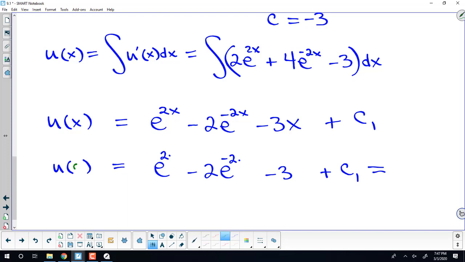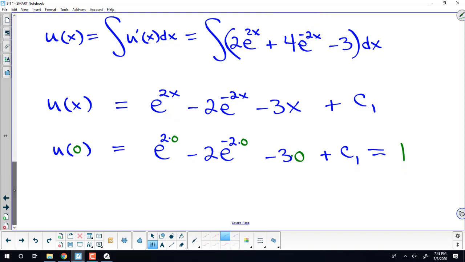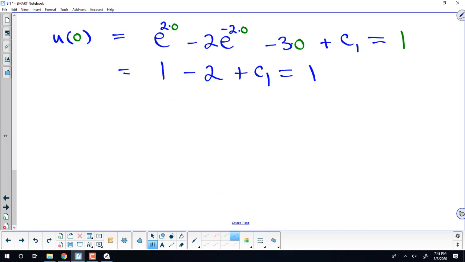u of 0 equals 1. And that's going to give us this constant here. So we have 1, e to the 0 minus e to the 0 times 2, minus 0 plus C1 is equal to 1. Minus 1 is plus 1.